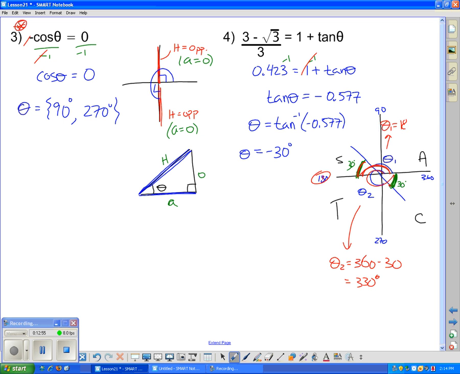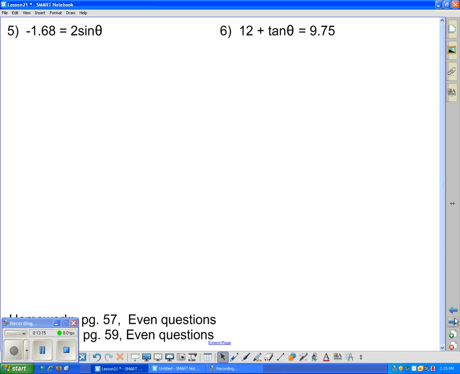So it's 180 minus 30, which is 150 degrees. And there are my 2 solutions: theta equals 150 degrees, and theta 2 is 330 degrees. I'll cut this video off here, and then I'm going to come back and we're going to do 2 more examples, and then I'll let you get going on the homework.